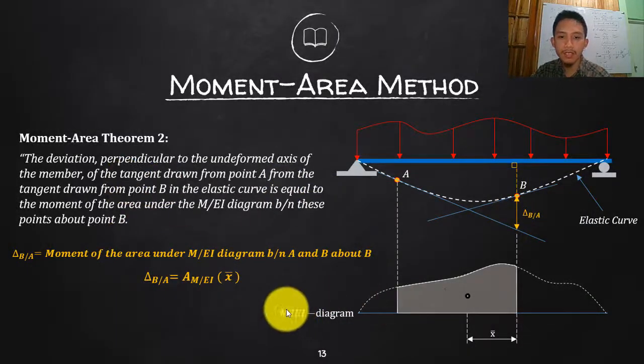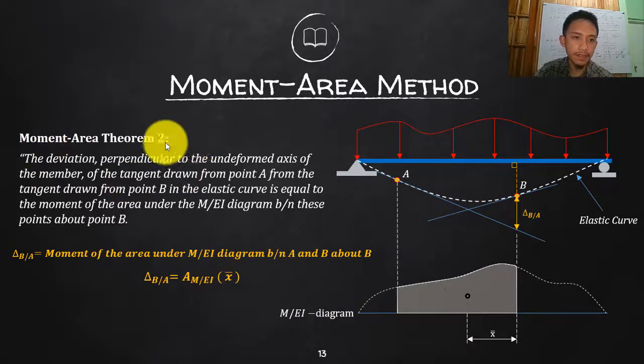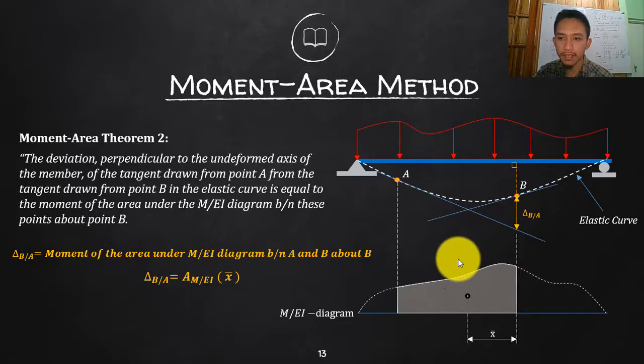So we are still using your M over EI diagram, okay? The deviation perpendicular to the undeformed axis of the member, of the tangent drawn from point A from the tangent drawn from point B in the elastic curve, is equal to the moment of the area under the M over EI diagram between these points about B. Okay, I'll explain that later.